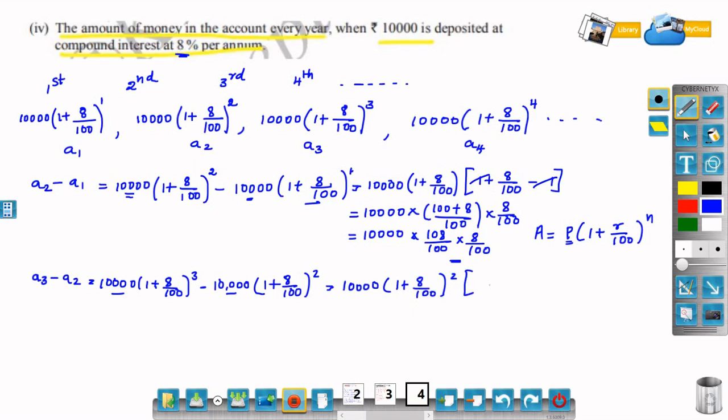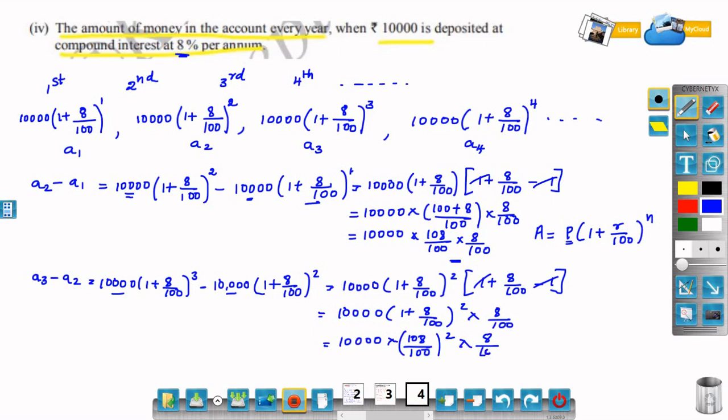Remaining is 1 plus 8 by 100 minus 1. So 10,000 into 1 plus 8 by 100, which is 108 by 100 whole square, into 8 by 100.